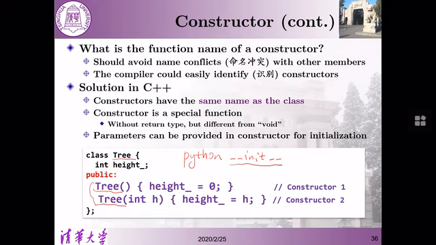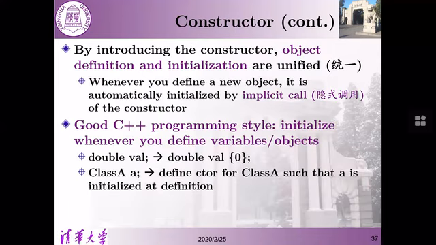Okay, so there's always a way. If you are designing the compiler, you are to determine which kind of constructor name you want to use. The typical rule is to avoid conflicts with ordinary names or ordinary members. So by introducing this constructor, object definition and initialization are unified.